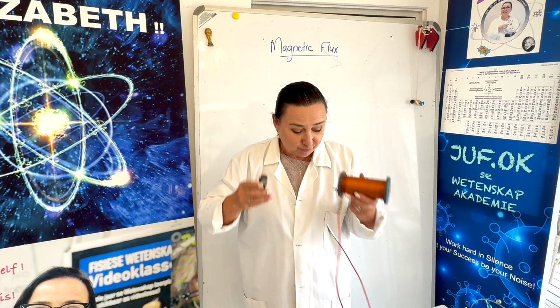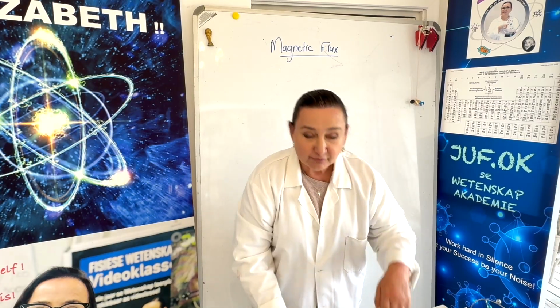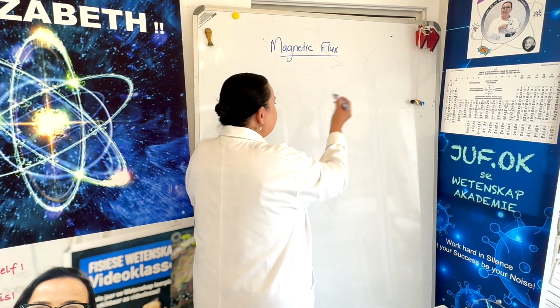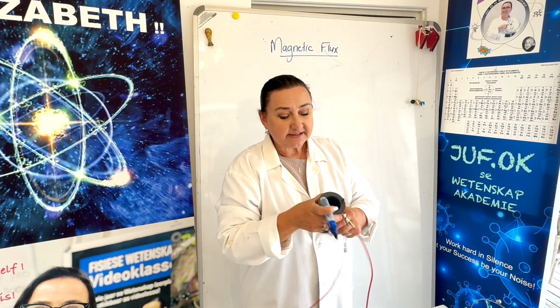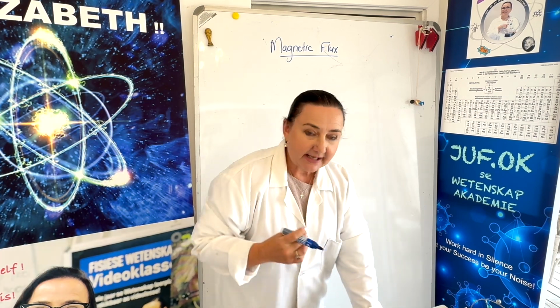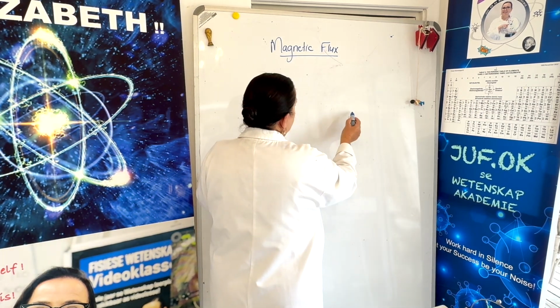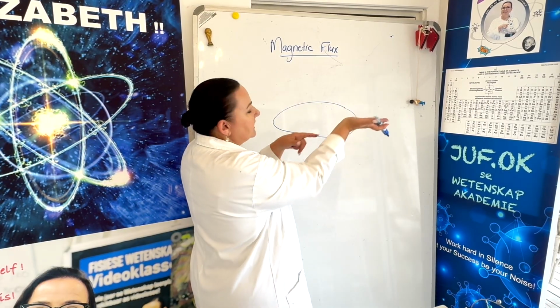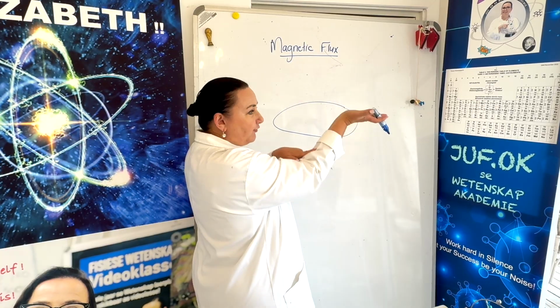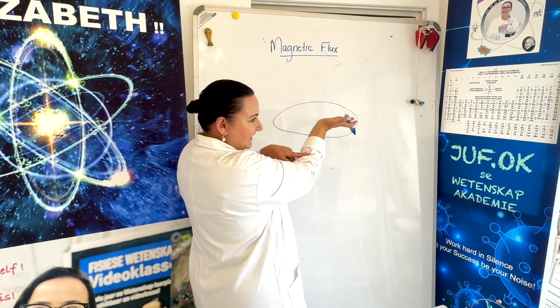So the magnetic flux, if I can draw it for you like this. Now let's say I have, and in this case, you're going to see the opening area is a circle. So let's say I'm using a circle like this, but of course I'm going to draw it a bit three-dimensional. So let's say my circle lays flat. I've drawn it now flat.